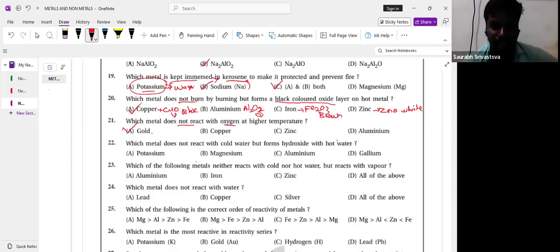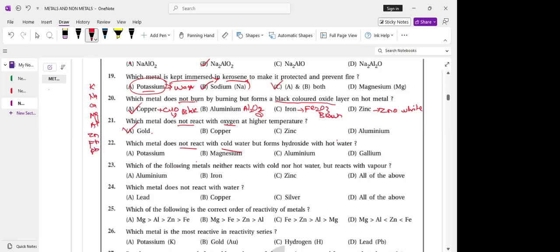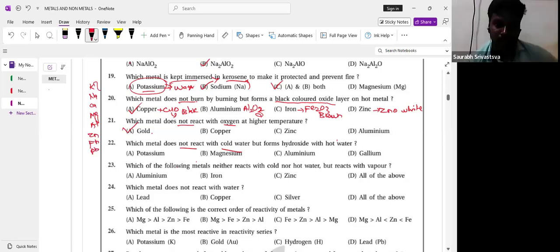And which metal does not react with cold water? Cold water, as I already said, relates to the reactivity series. What is the reactivity series? Potassium, sodium, calcium, magnesium, aluminum, zinc, iron, lead. Potassium, sodium, calcium, these three elements will react with all types of water: cold, hot, or steam.